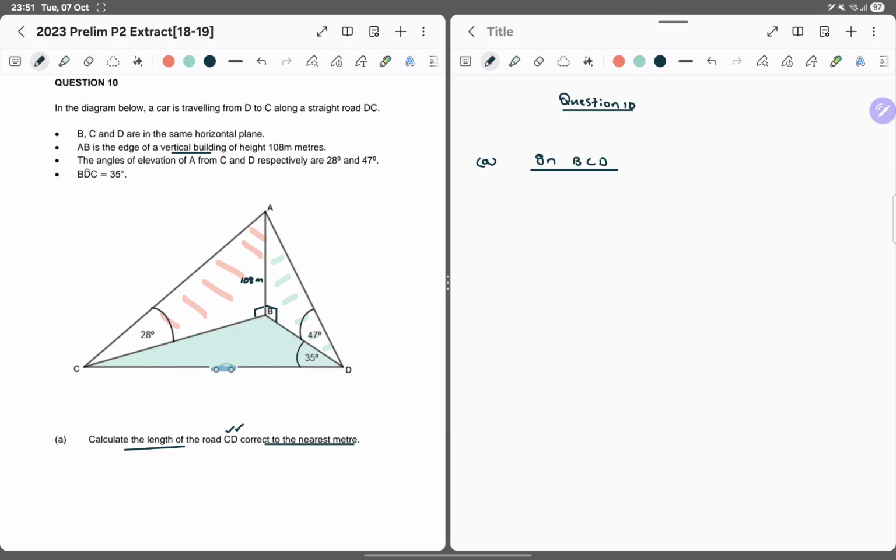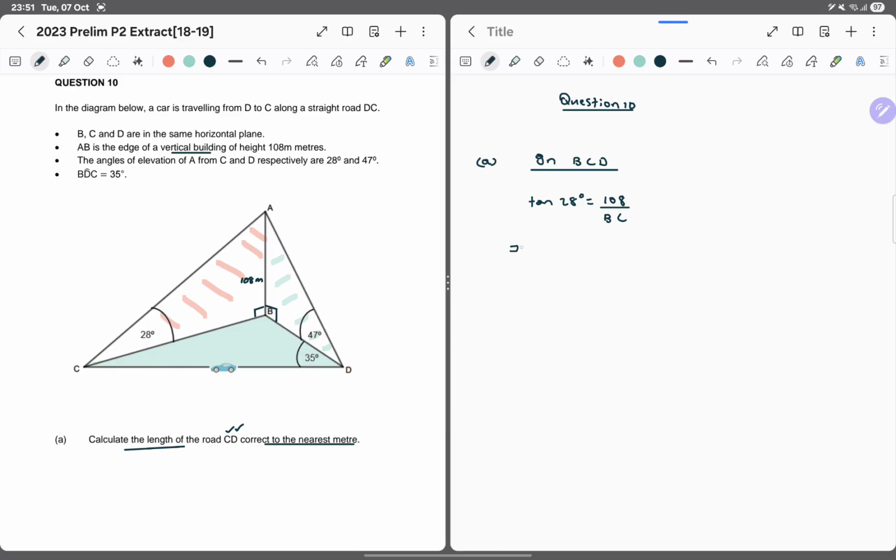So what do we need? We need BC in a way. We've got the angle, we've got the opposite side, and we're looking for the adjacent, which spells out the tangent. So we can easily say tan 28 degrees is equal to the opposite side, 108, divided by the adjacent side, which is BC.